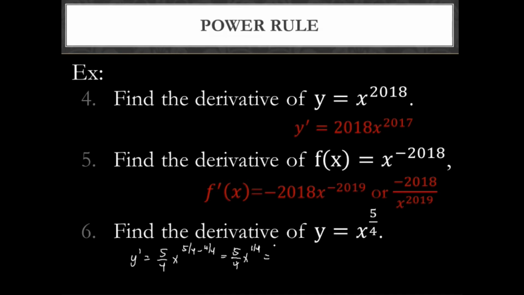Yun pala yung kulang ninyo. Ito yung magiging 5 over 4 fourth root of x. Okay? Bawal po yung fraction na exponent. Kaya pala, iniisip ko kung ano. Tama sila. Pero, kailangan pong naka-radical kapag yung exponent ay fraction.